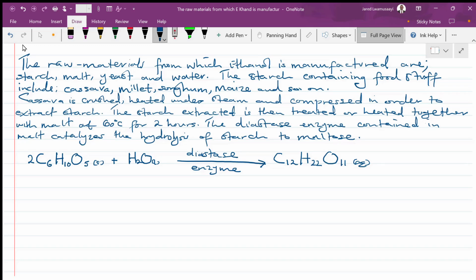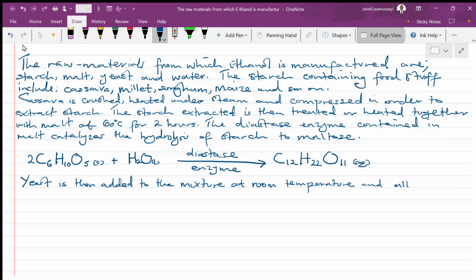So after that, yeast is then added to the mixture at room temperature and allowed to undergo fermentation for about 2 days.